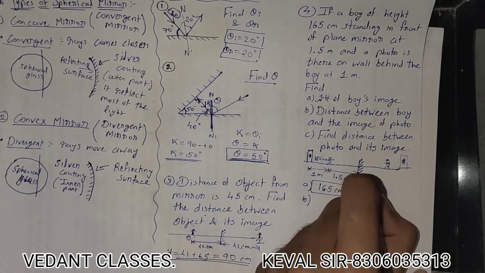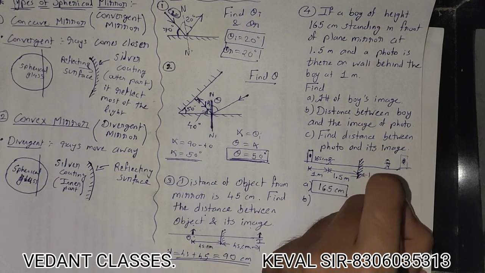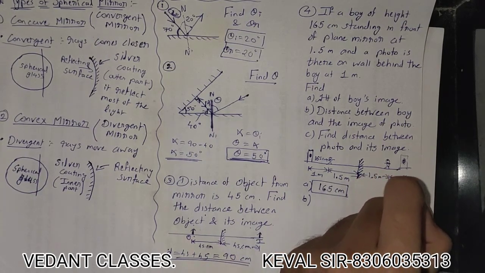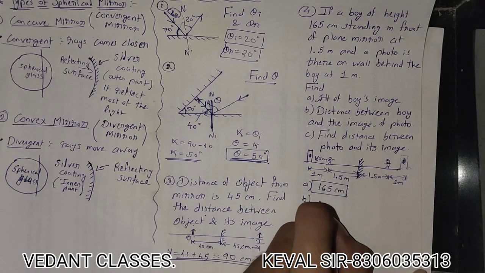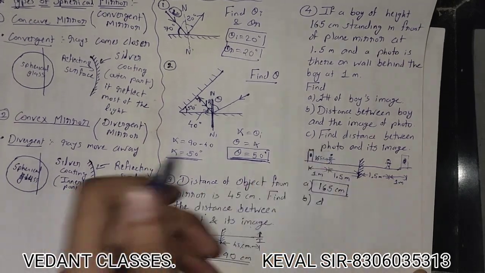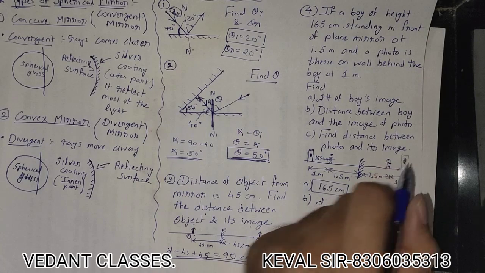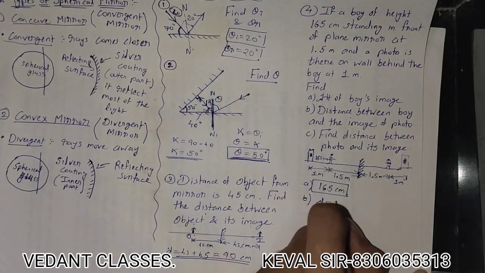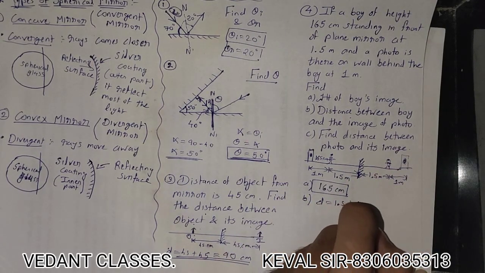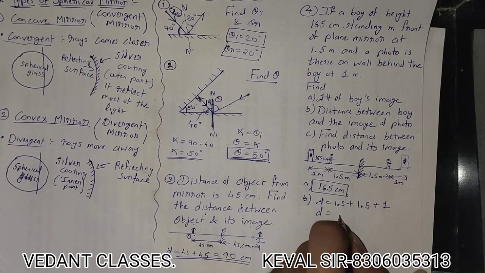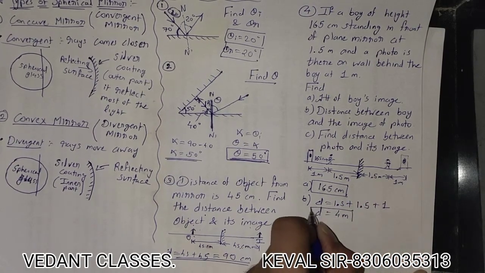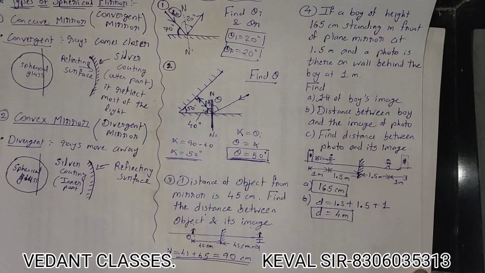So this will again be 1.5 meters and this will be 1 meter. Now you can calculate the distance between this boy and the image: 1.5 plus 1.5 plus 1, so this distance will be 4 meters. This is how you can calculate the distance.